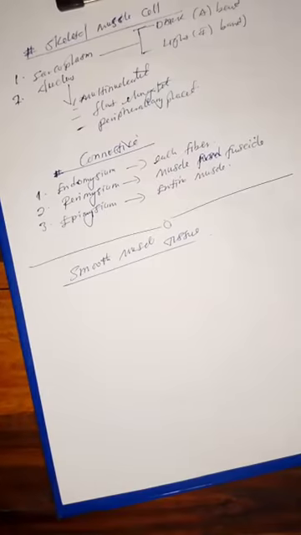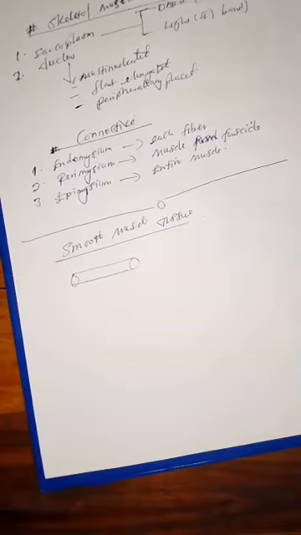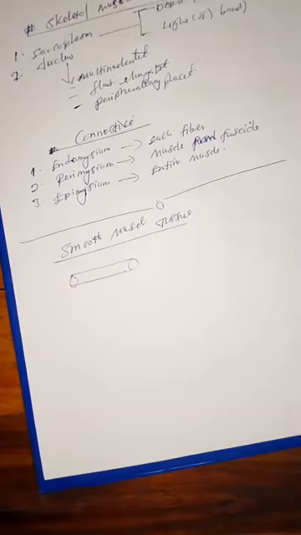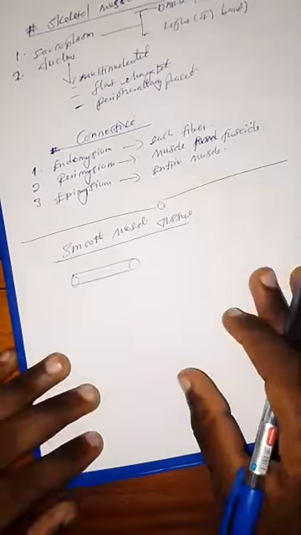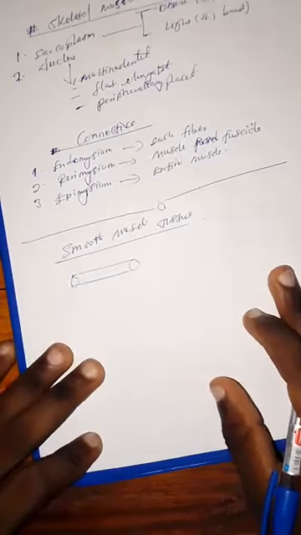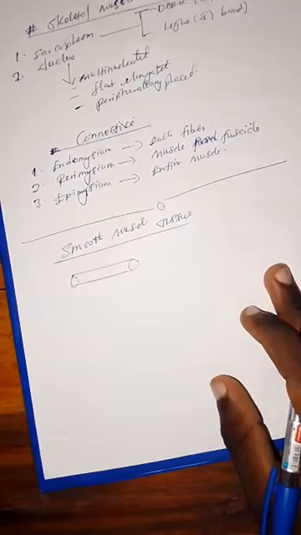Hollow organs like what? The blood vessels; the blood vessel is a hollow organ. The digestive tract, the GIT. The urinary bladder. These are hollow organs. The respiratory passages, the uterus and the reproductive tracts, the iris and ciliary body of the eyes. That's where we'll find the smooth muscle tissue.